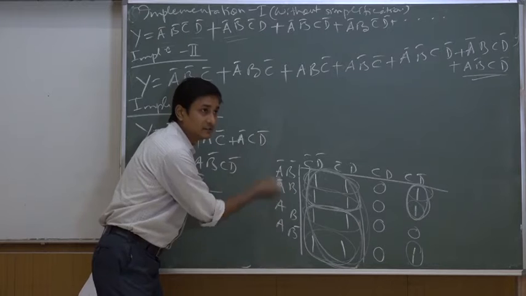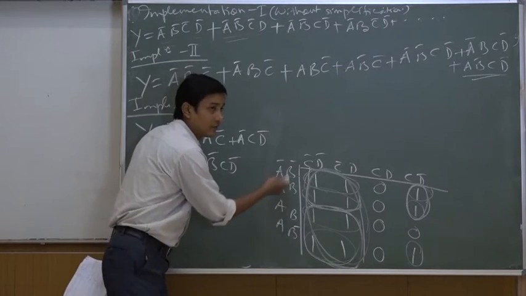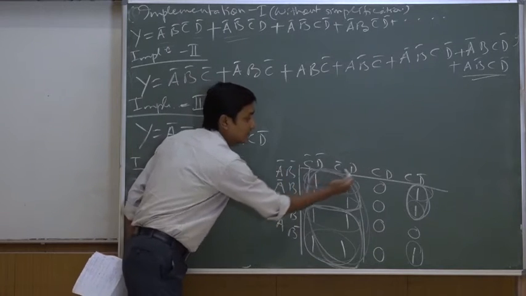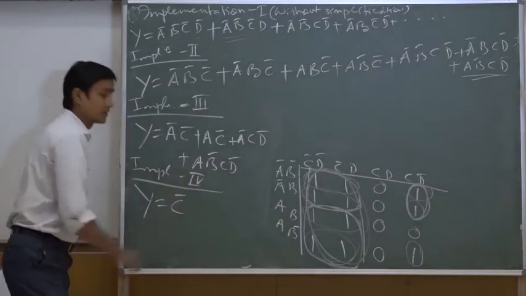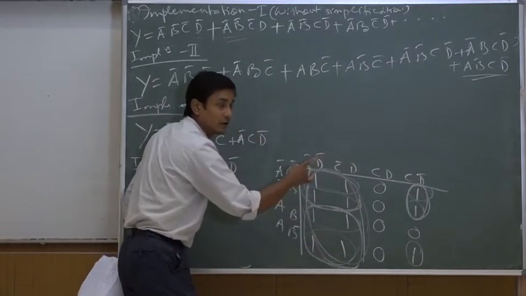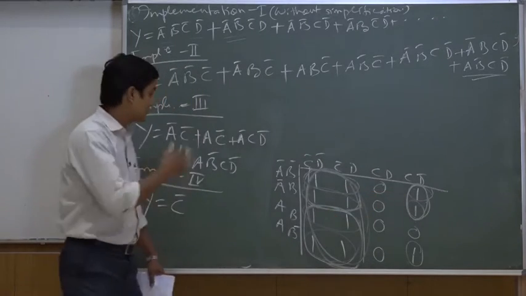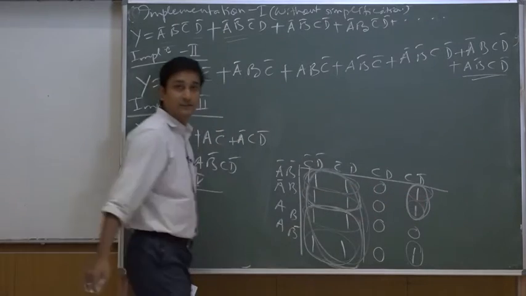All are there, so no need to take any effect of A and B, because the complement of all are there. So only C bar is put. For the other group, another term will come like this.